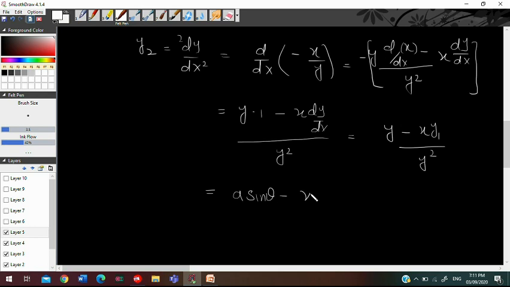The value of x is a cos theta, and I write it clearly, a sine theta minus a cos theta, and y1 is equal to minus x by y, and this is a sine theta square.